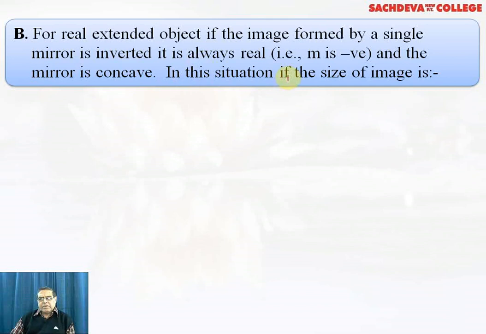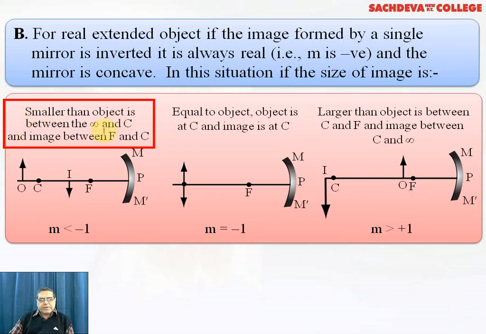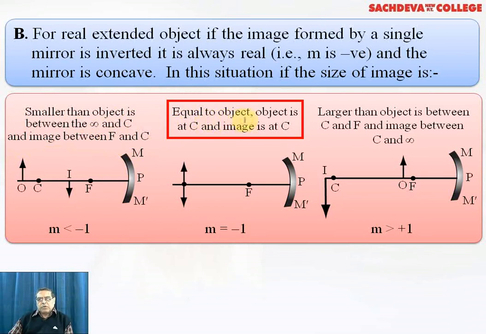In this situation, three figures are again shown, and all are concave mirrors. In the first figure, that is the extreme left, we will find the image is smaller than the object; the object is between infinity and C, and the image is between F and C. Similarly, in the middle figure, we will find the image is equal to the object.